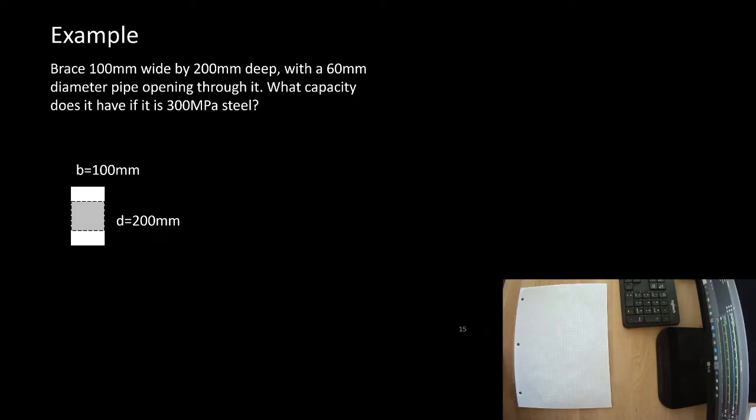So a lot of engineers will still design plate as 300 MPa steel, mostly out of habit because they know that if they design it as 350, they'll get a call. Don't worry, unless I tell you otherwise, you're doing 350 or 345 MPa. But you've been told otherwise in this example that it is 300 MPa steel.